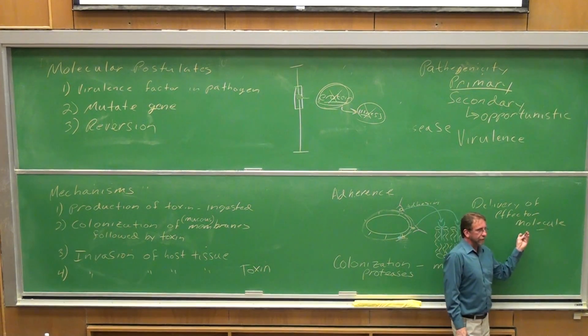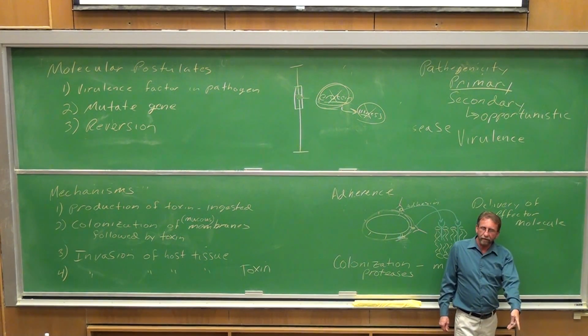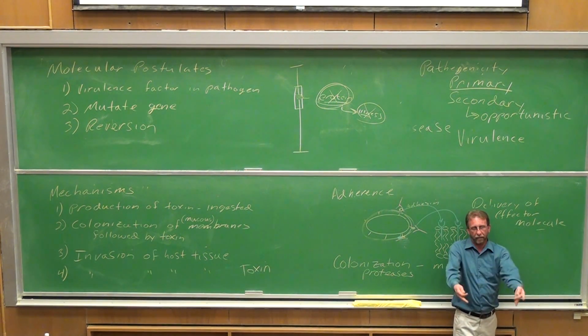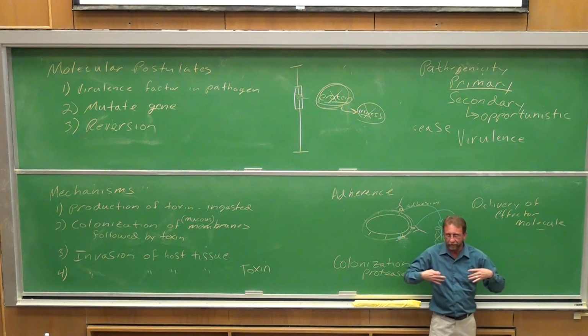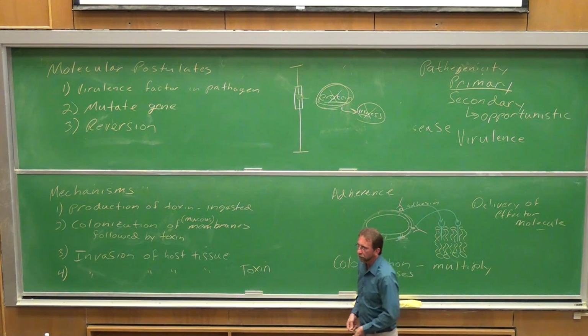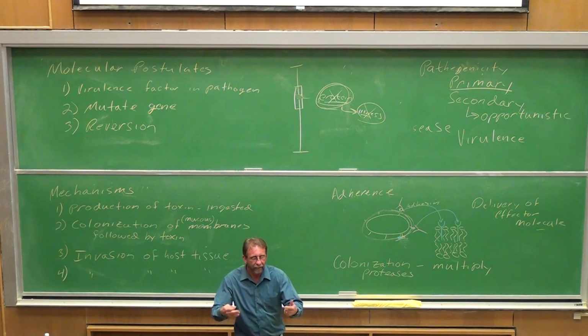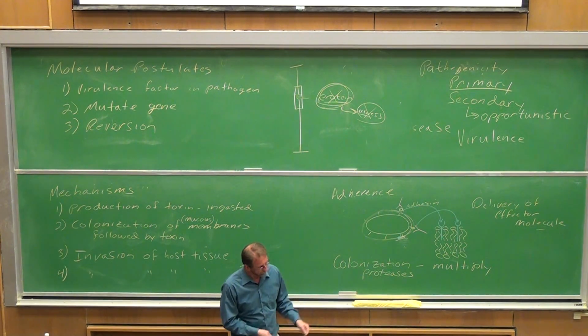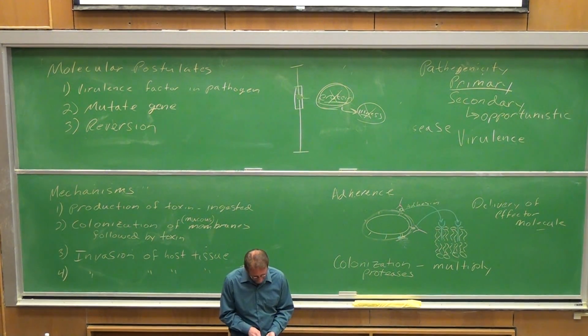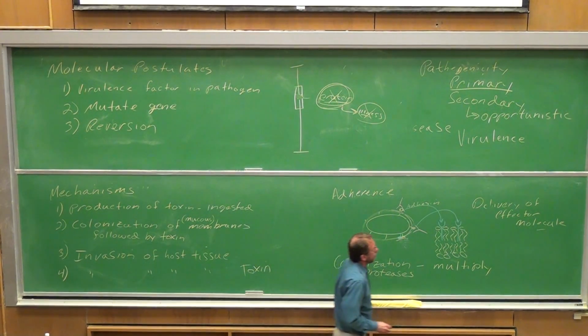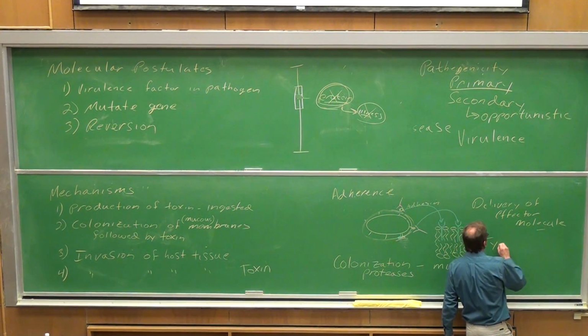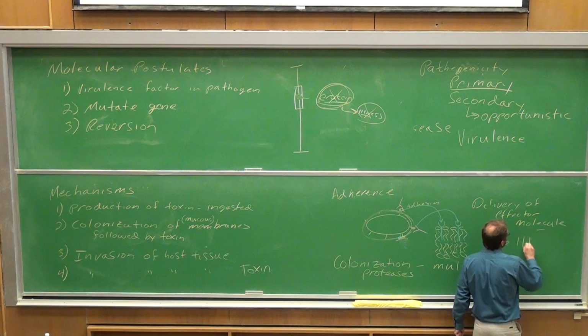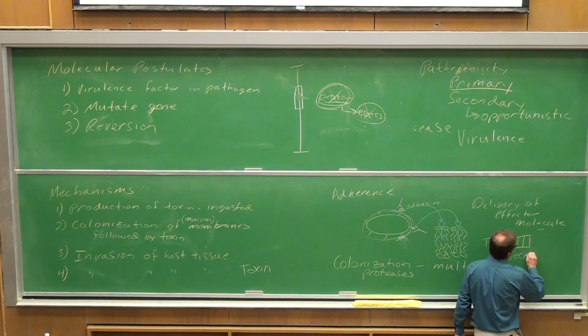But in most cases, there's something that's got to be delivered to the cell, either to cause the microbe to be taken up or to deliver a chemical to cause water to be lost. In many cases, the microbes are using what is called a type 3 secretion system.